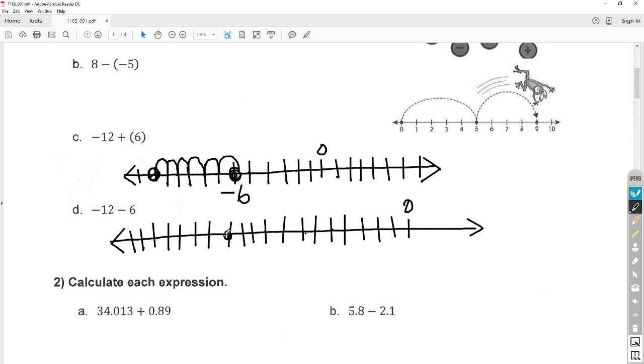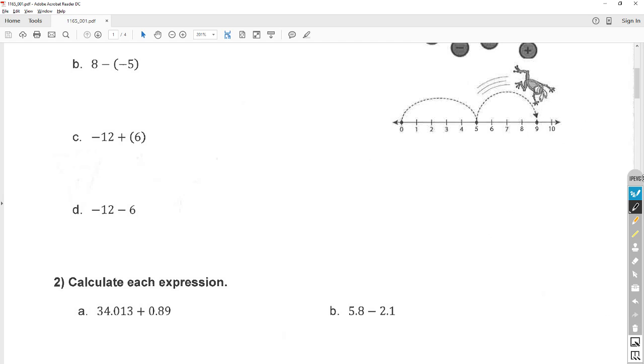So here's negative 12. Now minus 6, I'm actually going to the left now, 6 spaces. 1, 2, 3, 4, 5, and 6. So the final number here is negative 12, negative 13, negative 14, negative 15, negative 16, negative 17, and negative 18 would be your final answer.